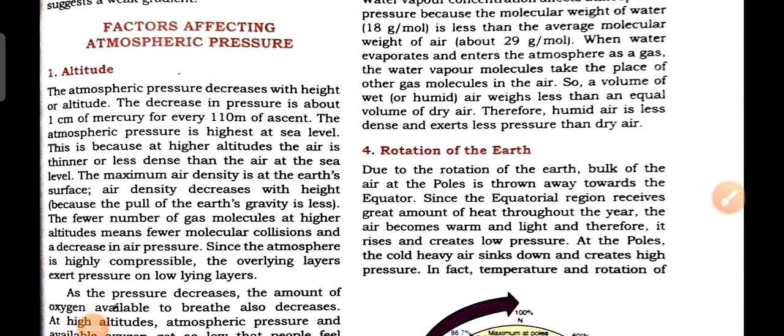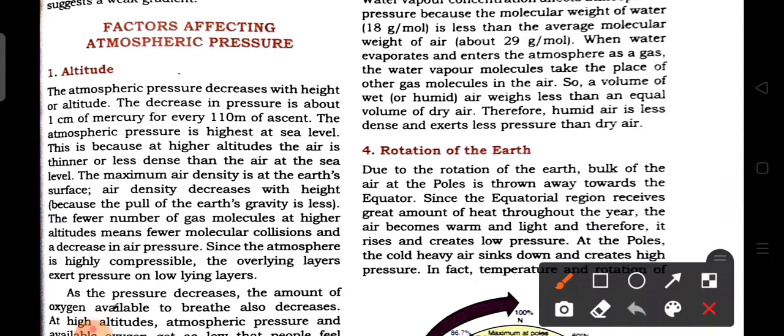The atmospheric pressure is highest at sea level, because at higher altitude the air is thinner or less dense than at sea level.